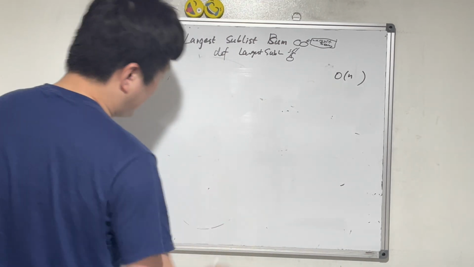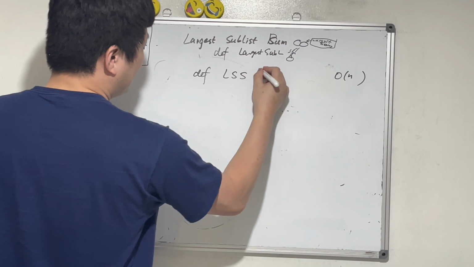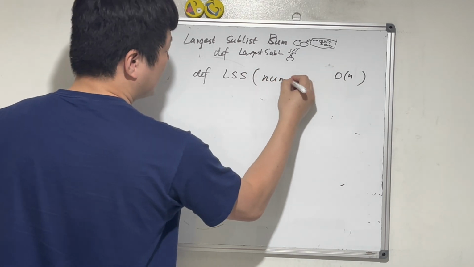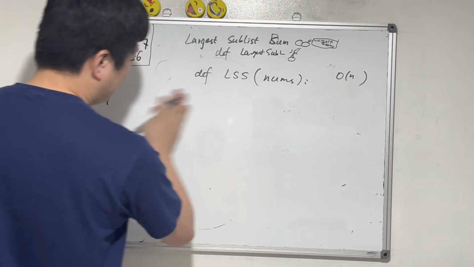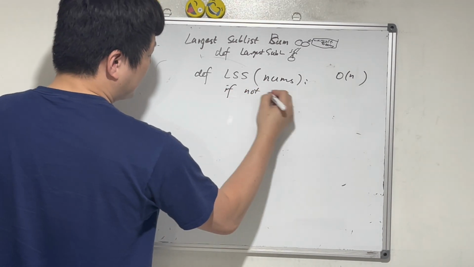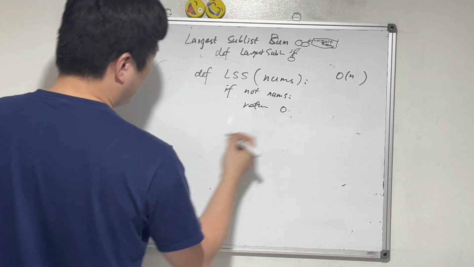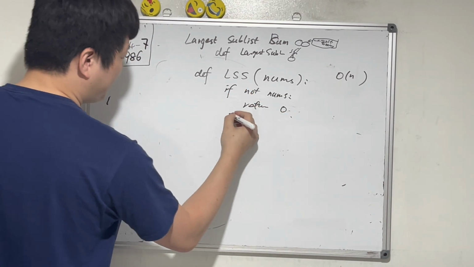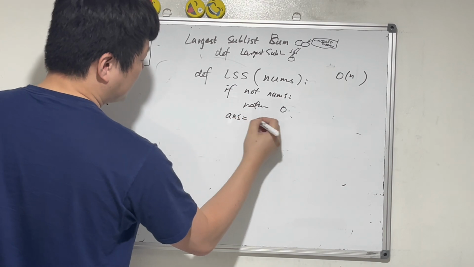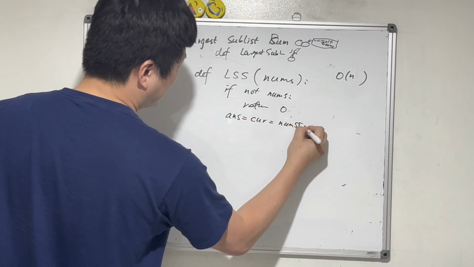Let me just write it, okay? Define largest sublist sum of nums. If no numbers, we just return 0. And at least we got one number, so answer equals current equals nums[0]. So we start with the single number.